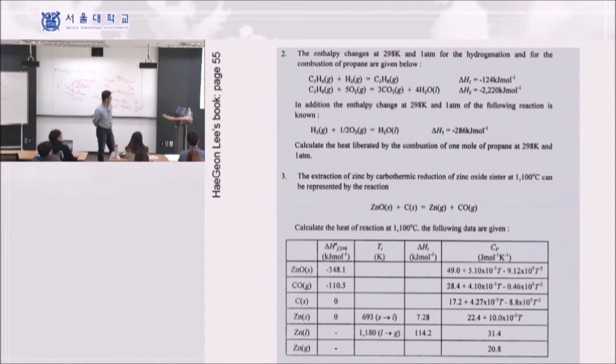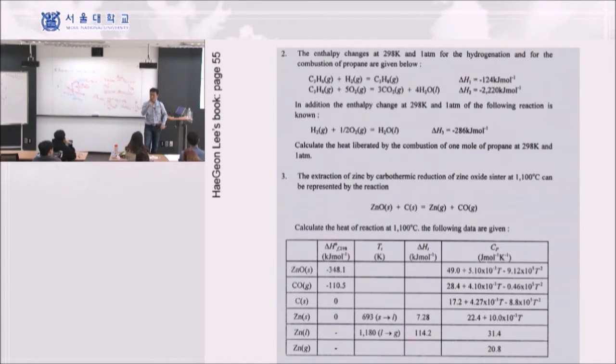Okay, so ZnO solid phase. First of all, I have to know the ZnO solid phase enthalpy at 1100 degrees Celsius, yeah? So reactant and product enthalpy difference. For the reactant ZnO, we have H298.